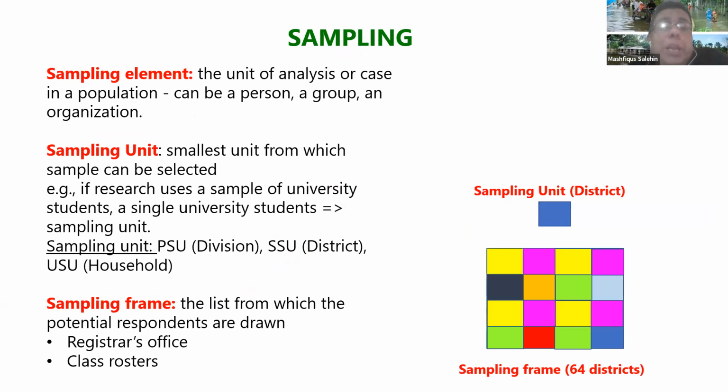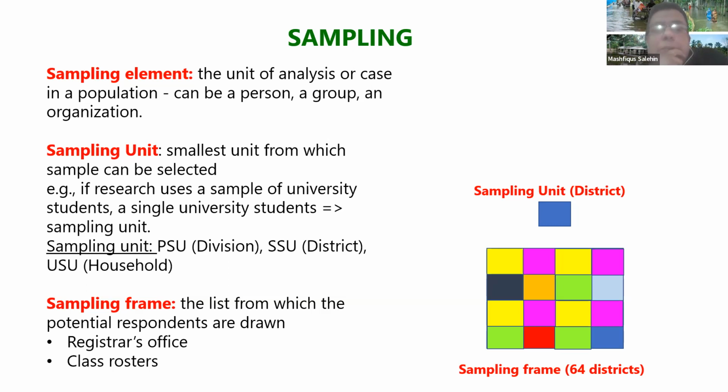Then a sampling element is basically the unit of analysis in a population. It can be a person, a household, a group of people, or an organization. These are my basic elements. And then a sampling unit means the smallest unit from which I take my samples.